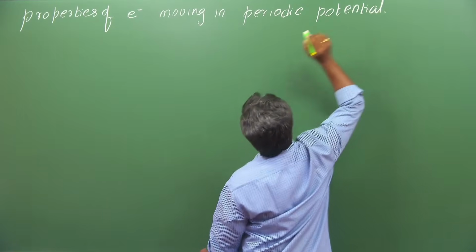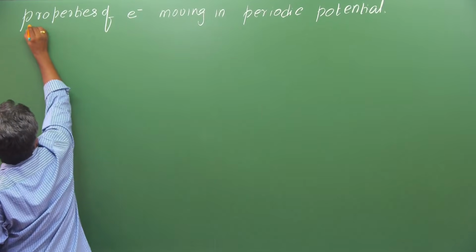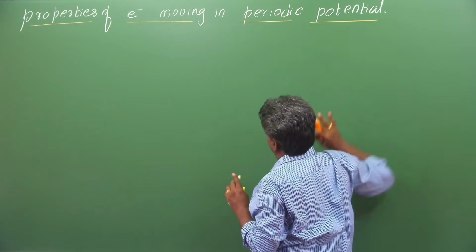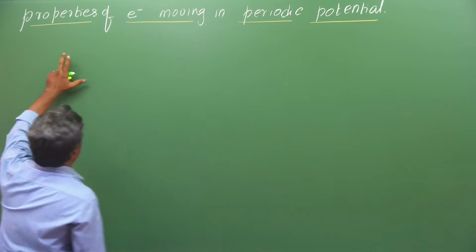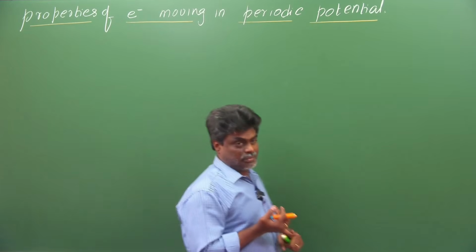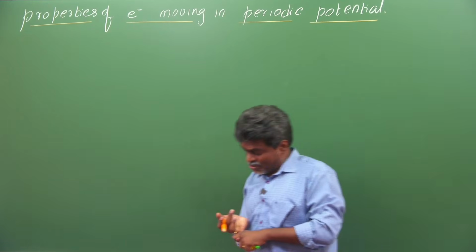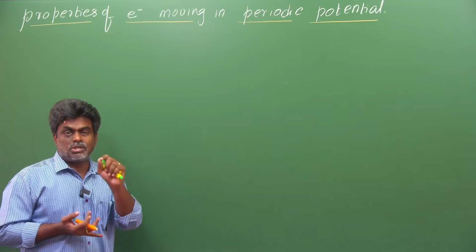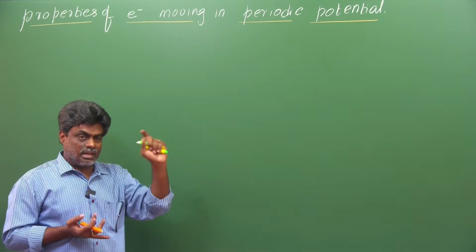This is very important, very crucial. Listen carefully. Definitely there is a question from this part. Here we are going to discuss velocity of the electron, effective mass of the electron, and F. What is F? A ratio of free mass and effective mass.